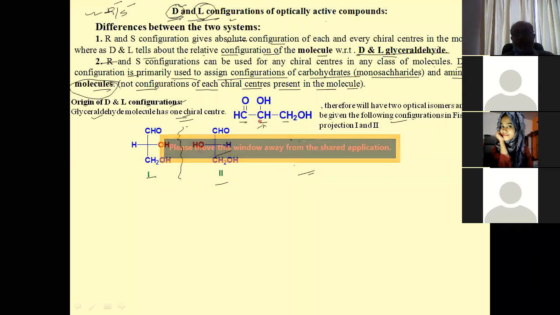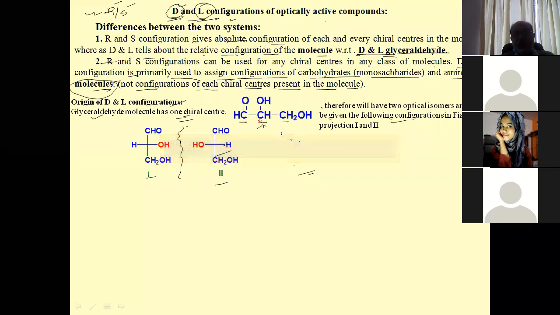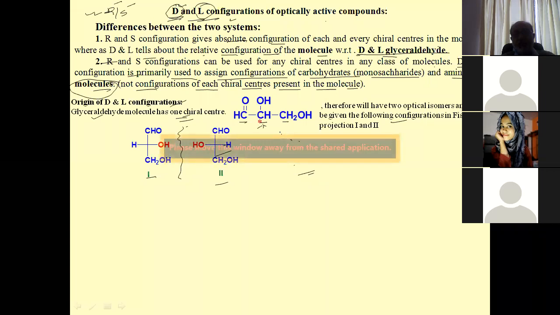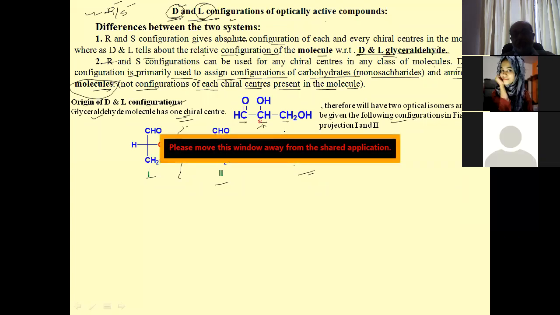What technique can be used to ascertain the arrangement of atoms in space? Anybody? It's X-ray crystallography. X-ray crystallography gives the picture itself.